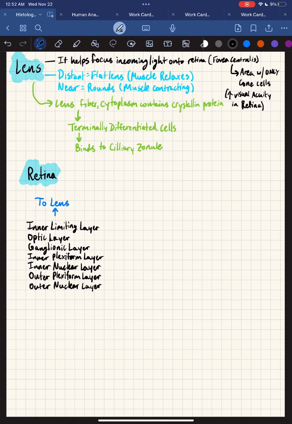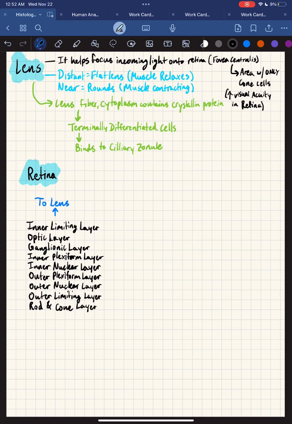And then, unlike the lens side, we have a layer that's a little different. It is going to be the outer limiting layer. And then we have the rod and cone, which are both photoreceptors. Rod and cone layer, very important layer.